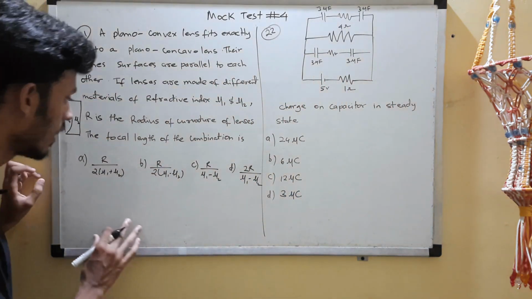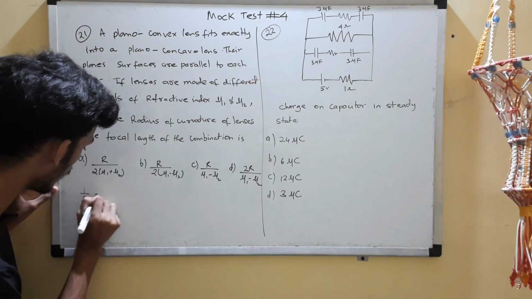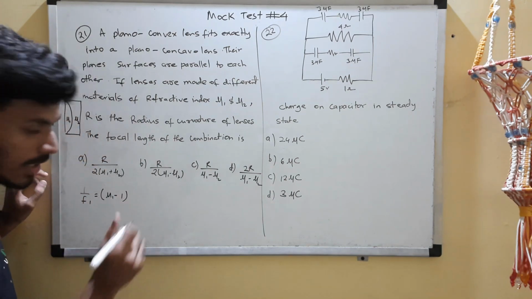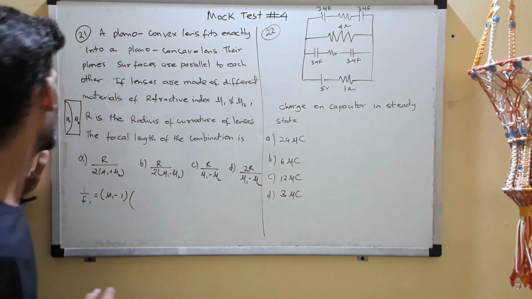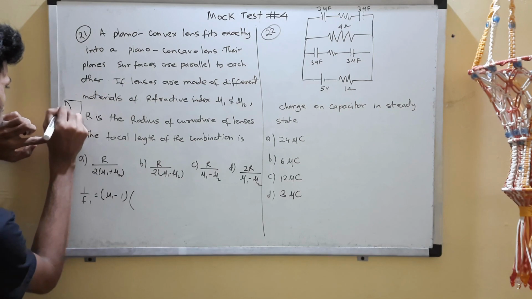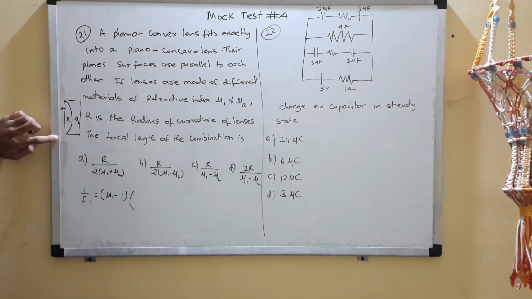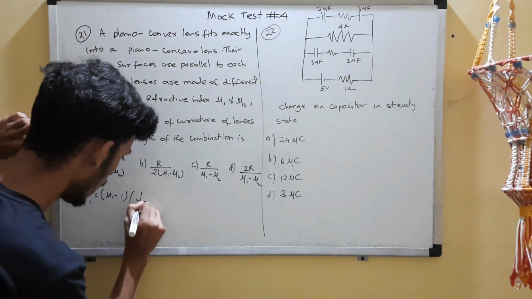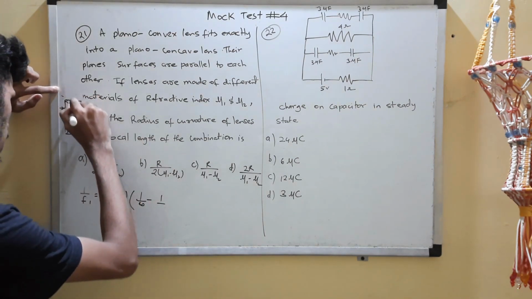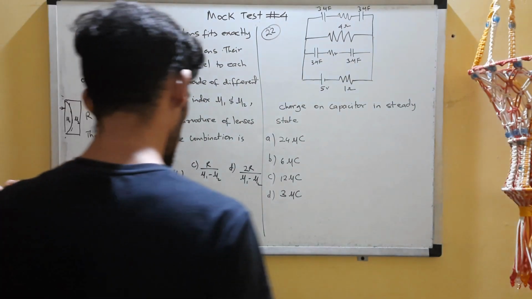So let's do that. For the first one, 1 upon f1 will be mu1 minus 1, using the lens maker formula. For the plano-convex lens, the first surface that light hits is the plane surface. So 1 by infinity minus 1 upon, and r is in the opposite direction of the incident ray.